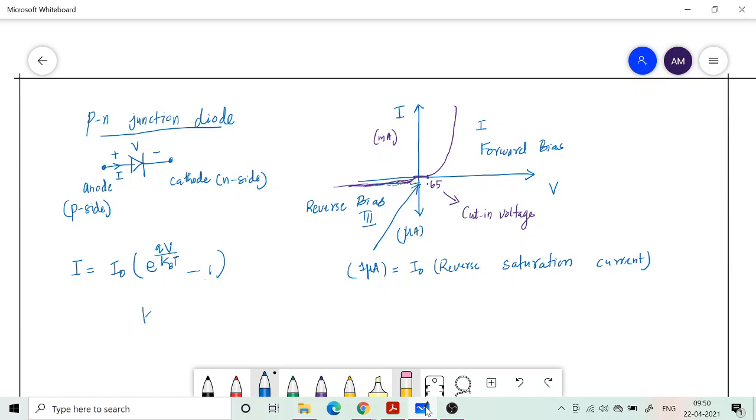So kT is basically a quantity made up of k_B, the Boltzmann constant, which is 1.38 into 10 raised to minus 23, and T is the absolute temperature.